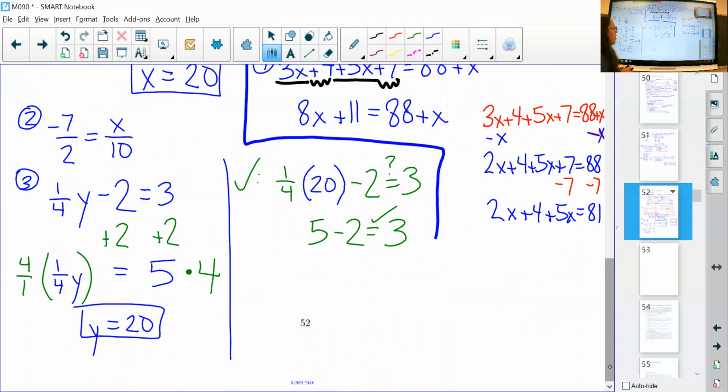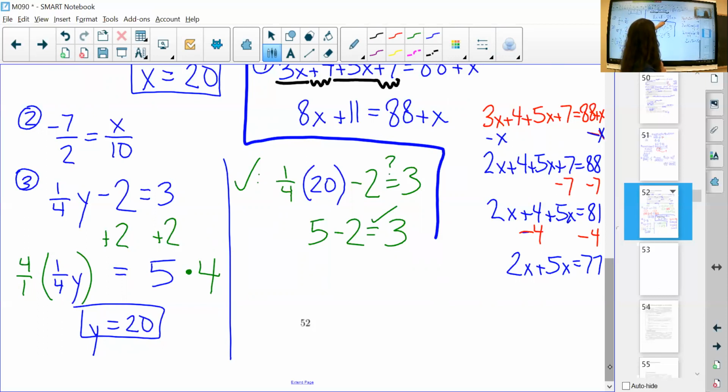Okay, let's get rid of that 4. Let's move all the variables over here and all the constants over there. So subtract 4 from both sides. I get 2x plus 5x equals 77. Well, I told you you were going to get the same answer, but we're not done yet, right?